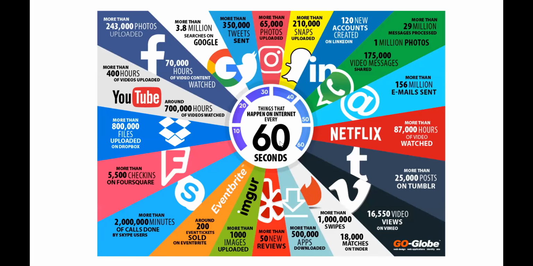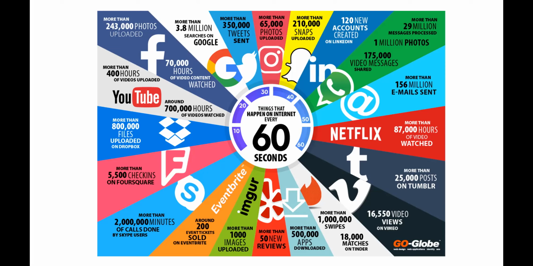Now, some of these slides might be a little bit outdated, but I think the information there is still valid, although the numbers have changed drastically over time. What this graphic shows you is what is happening on the internet every 60 seconds.